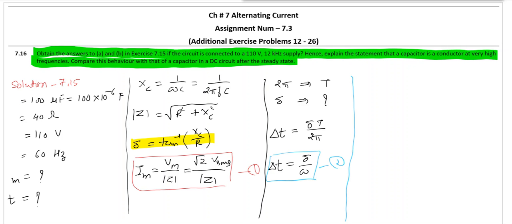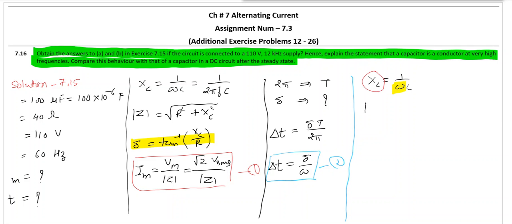So here is the solution of 7.16. Now when I increase omega, XC is 1 by omega C. So when omega is increased too much, you are decreasing XC to a very low value.